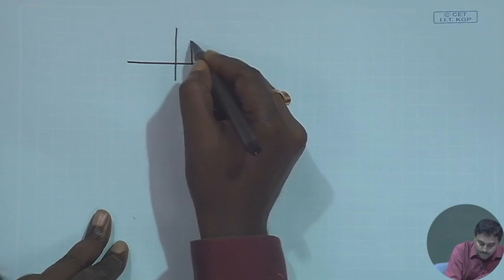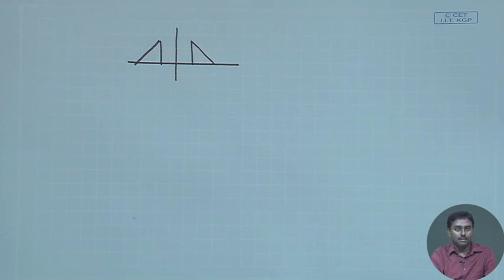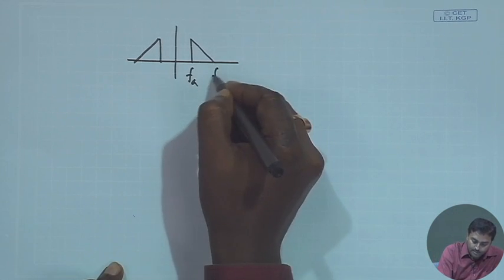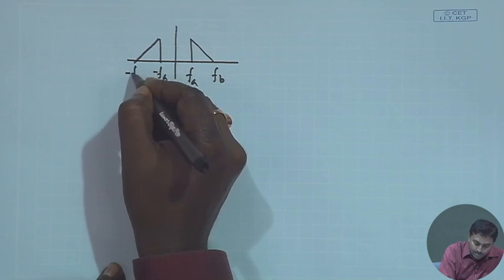So, what he has done is something like this. Let us say this is the signal representation. This is my FA, this is my FB, this is minus FA and this is minus FB.